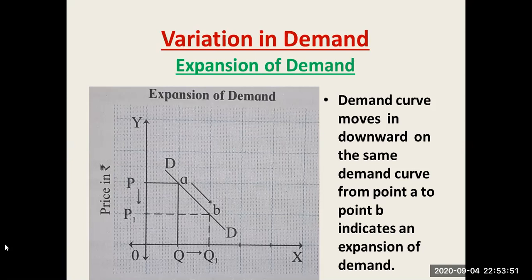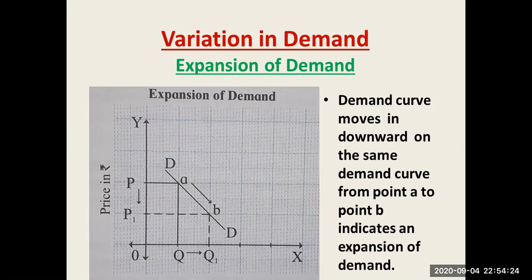The first point is most important. At price OP, demand is only OQ, but when price falls from OP to OP1, demand will rise from OQ to OQ1. So from A to B, the demand curve moves downward along the same demand curve, from point A to point B.